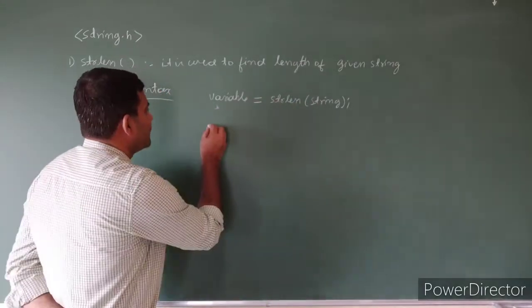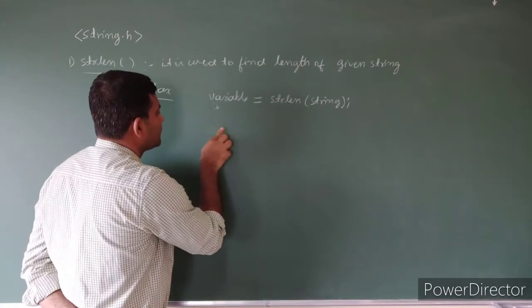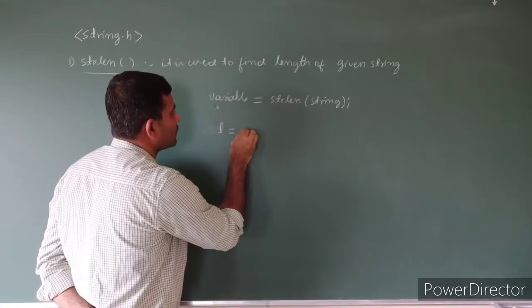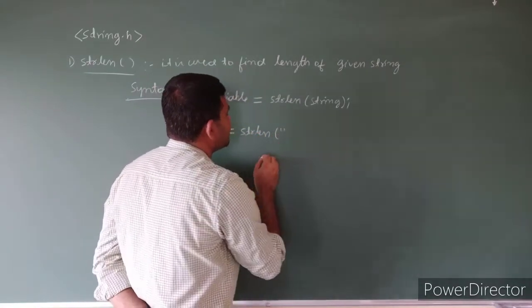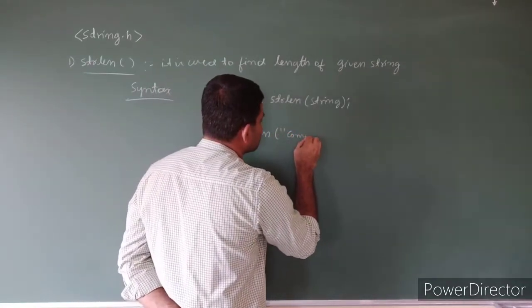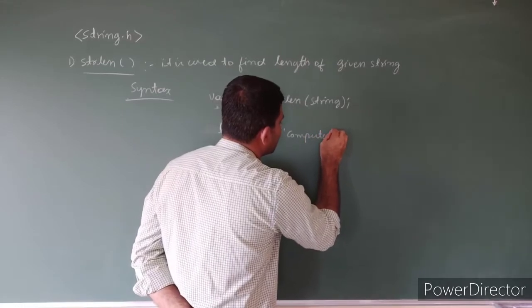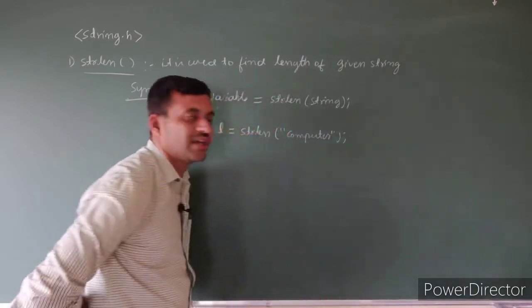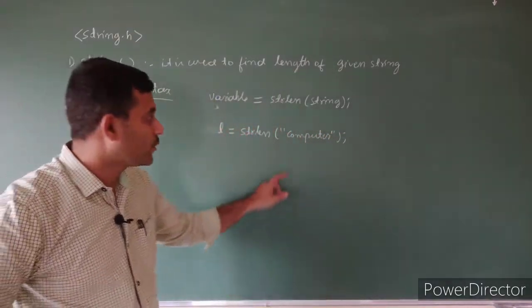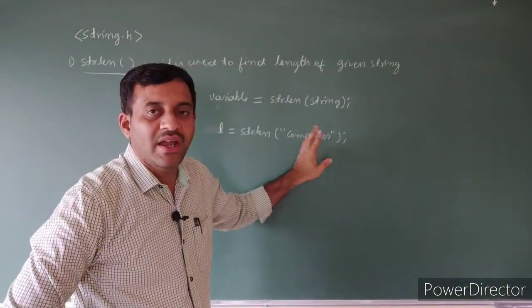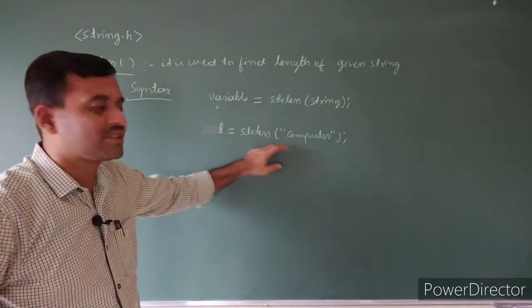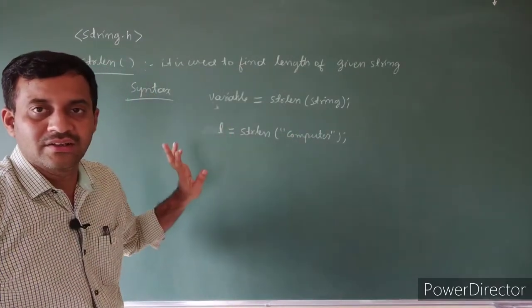See here, in the place of variable we write l equals strlen, then inside that we use "computer". See here, how many characters? 1, 2, 3, 4, 5, 6, 7, 8. So the length of the given string computer is 8.